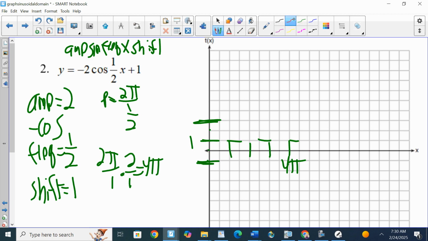It's a negative cosine, min, midline, max, midline, min.